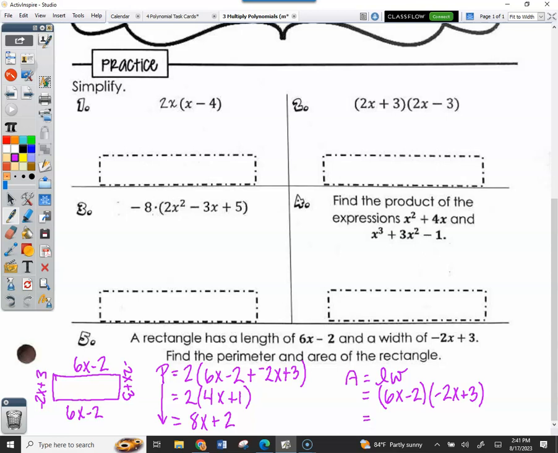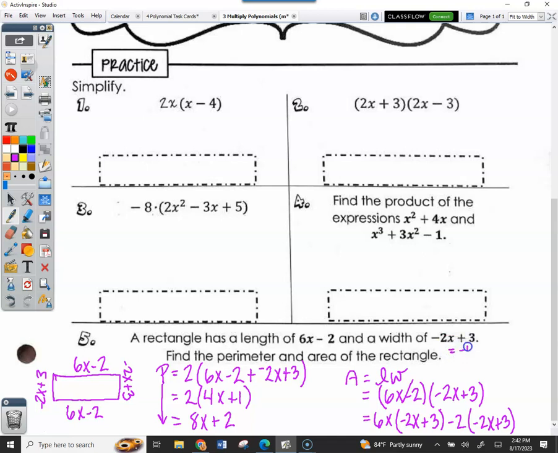So I always, y'all know me, I told y'all, I do the split repeat. So 6x minus 2, and then we got negative 2x plus 3, negative 2x plus 3. So distributing that, I've run out of room, so I'm going to have to come up here and do it.